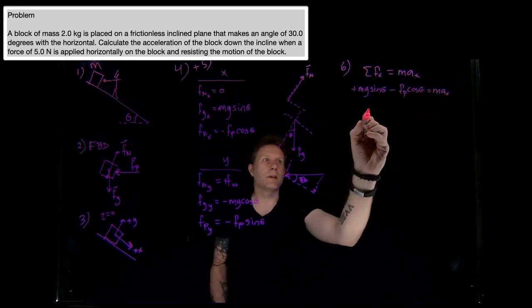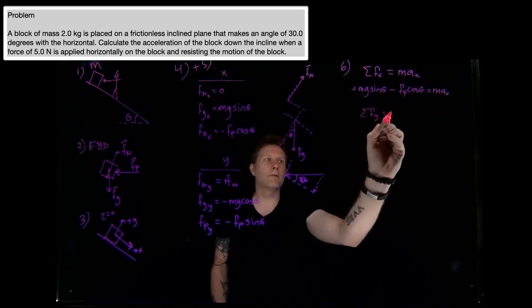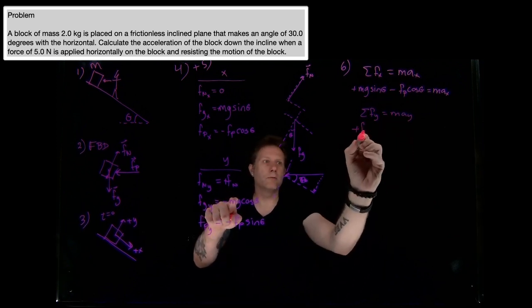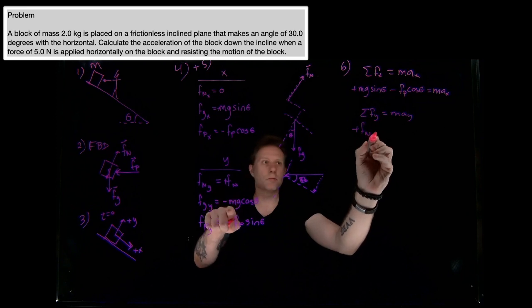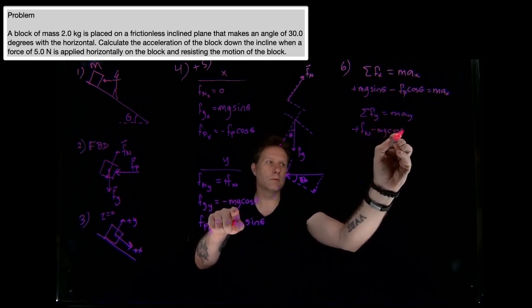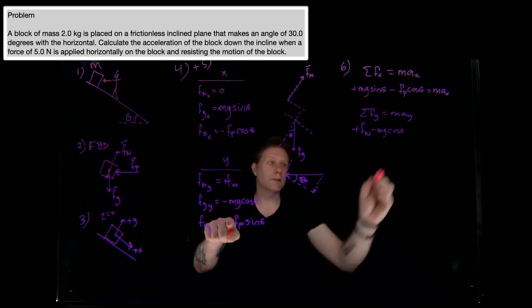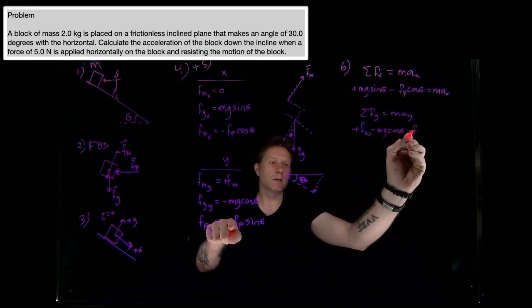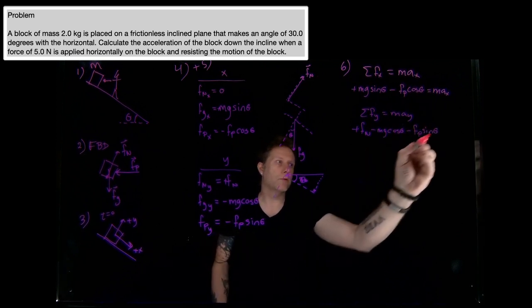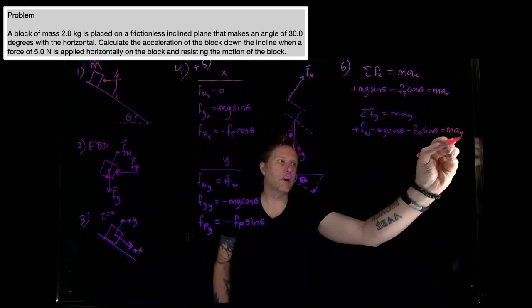Do the same thing for the y direction. We have them right here, so that is the normal force as a positive contribution, minus the contribution due to the force of gravity, and minus the contribution due to the pushing force, is mass times the acceleration in the y direction.